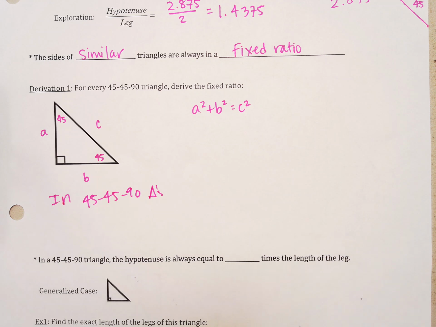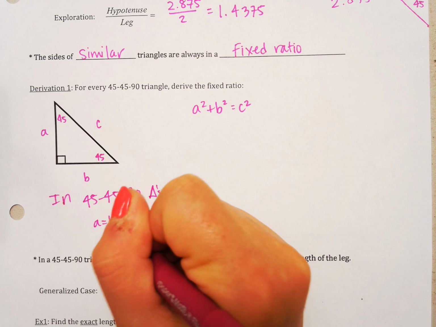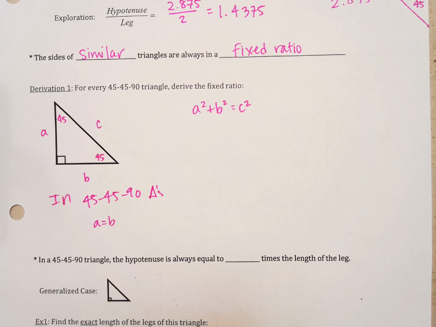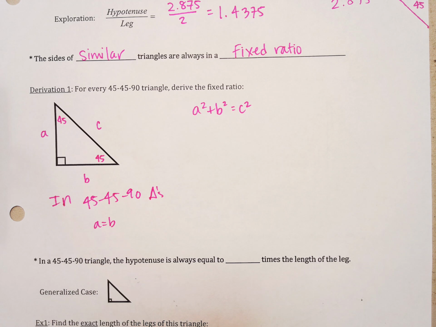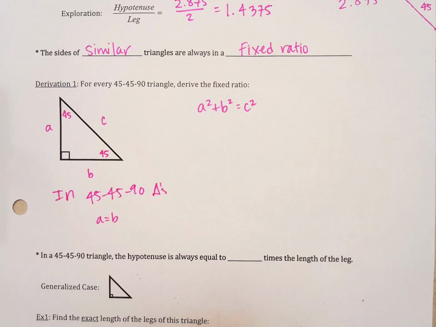I know something about A and B: it's an isosceles triangle, so A is really equal to B. This gives us our special trick so that we can actually do something with the Pythagorean theorem.